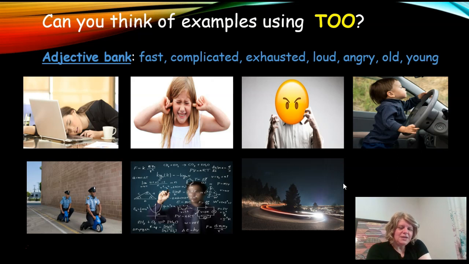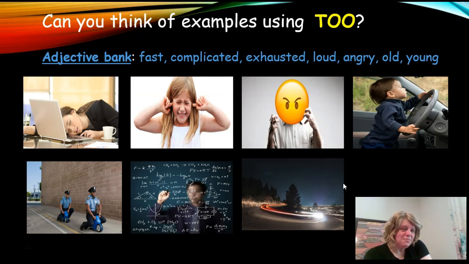Now let's look at the second picture. What do you think would be the correct adjective to use here? You are right. If you choose loud, then you have the right adjective. What can we say about this picture? The music was too loud. Let's look at the third picture. What would be a good adjective to use for this picture?